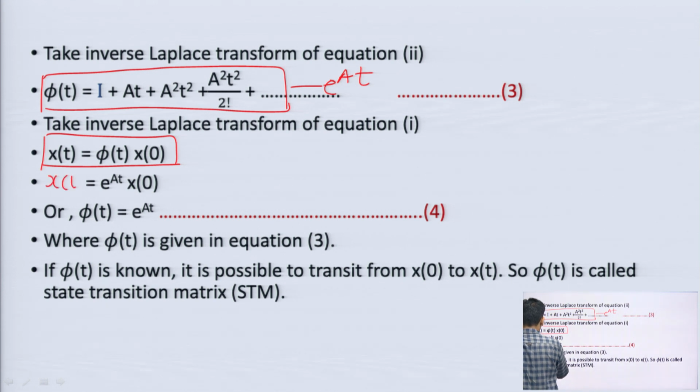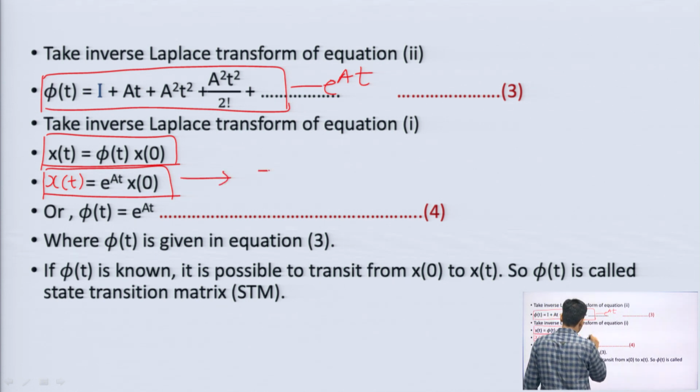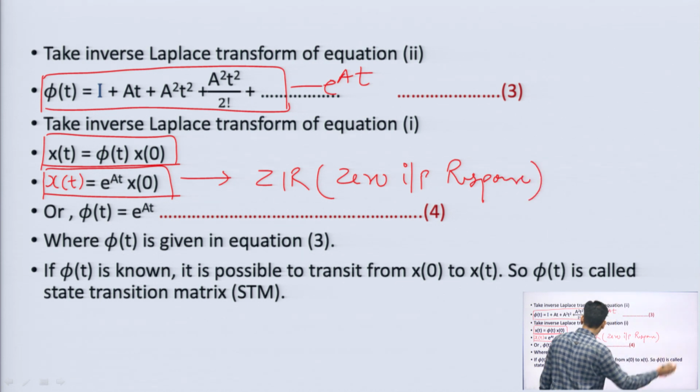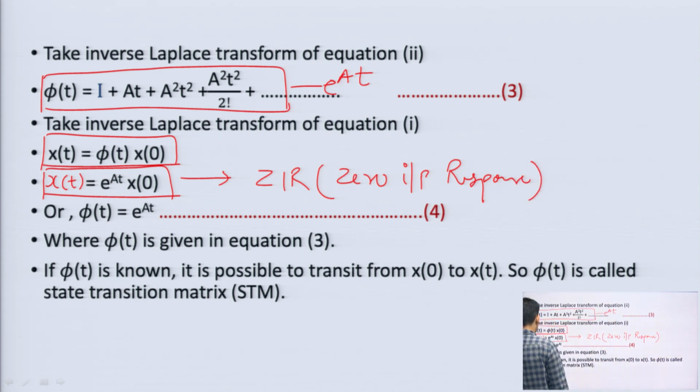This expression is known as the solution of the state equation for 0 input, and we can say it is the ZIR, the zero input response. In the same way, this phi(t) is given by this expression, and this gives us a new term which is known as the state transition matrix.